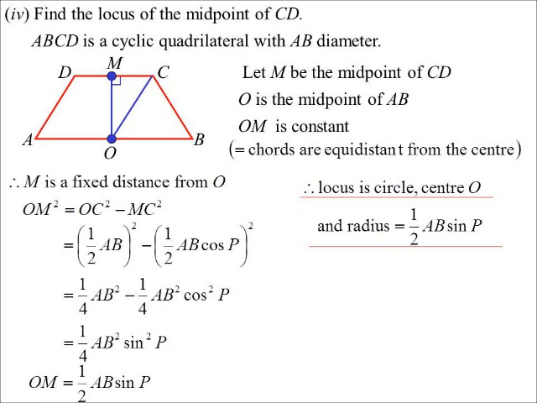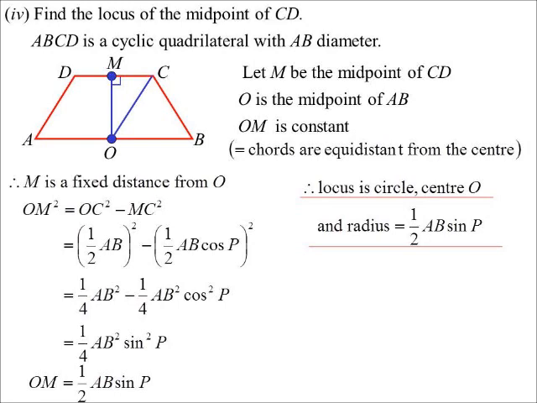Would it be the complete circle is the next question, because when P then goes to the other side of the chord, is it going to be the same circle or will it be a different circle? Well, they're saying find the locus of M as that chord CD moves. Now, we were assuming, of course, for all that that CD was always above the chord AB.